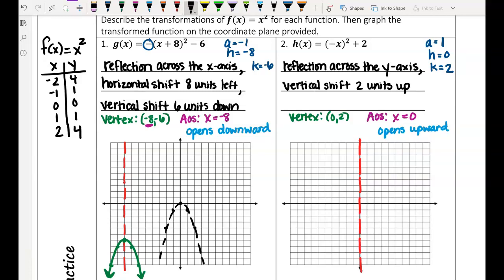Again, if it helps you, sketch in your parent function. And again, I'm sketching it in as a dotted because I'm really moving it, but I'm showing that that's what we are moving. Really, all you told me to do was move everything up 2 units.